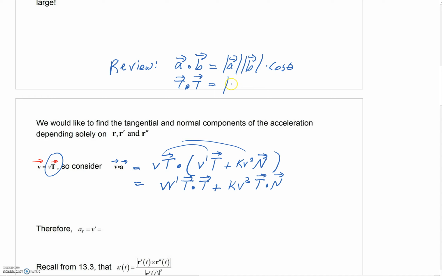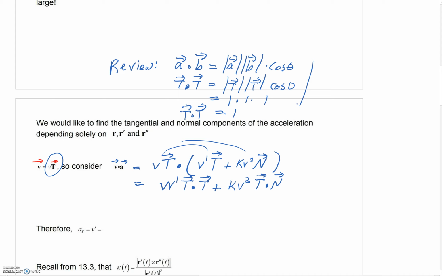We'd have the length of the unit tangent vector times the length of itself. But what's the angle between them? Well, 0 degrees or 0 radians. So we'd have a 1 times a 1 times the cosine of 0, which is also a 1. Wow, what are we seeing? T dot T is actually going to be a 1.